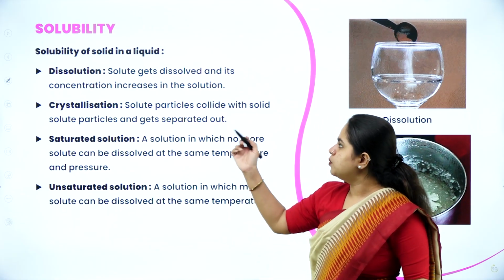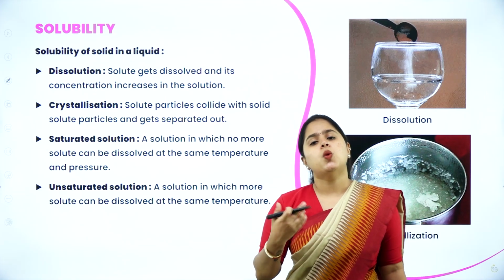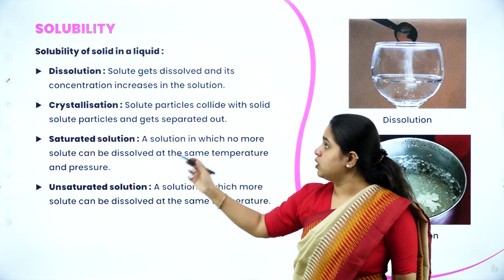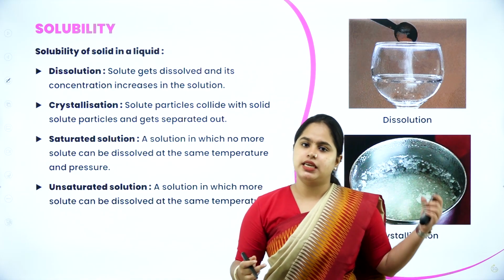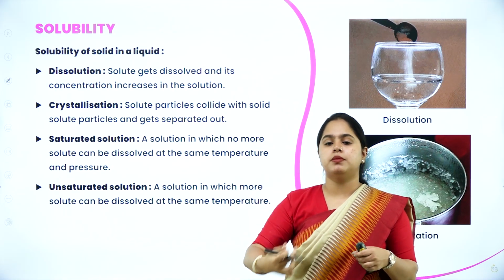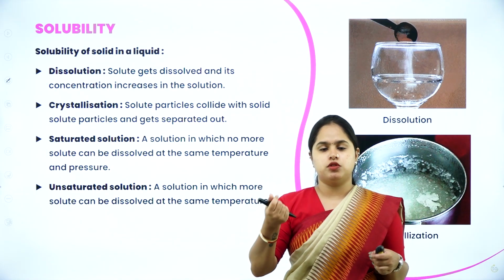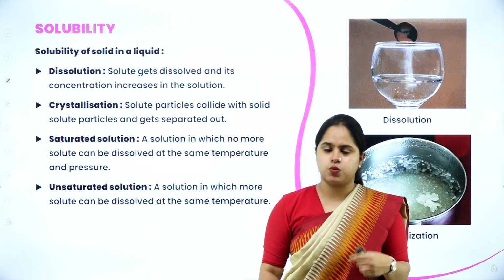So first thing we understood is that only like dissolves like. Now moving on to the first process that happens, that is dissolution. Now what is dissolution? The solute gets dissolved and its concentration increases in the solution. Let's take the same example. If I am dissolving sugar into water, I take 1 spoon of sugar, I add sugar into water and I mix it. What happens?